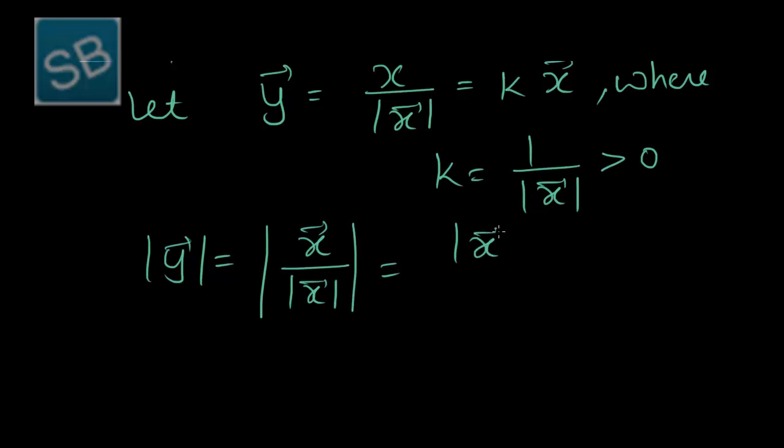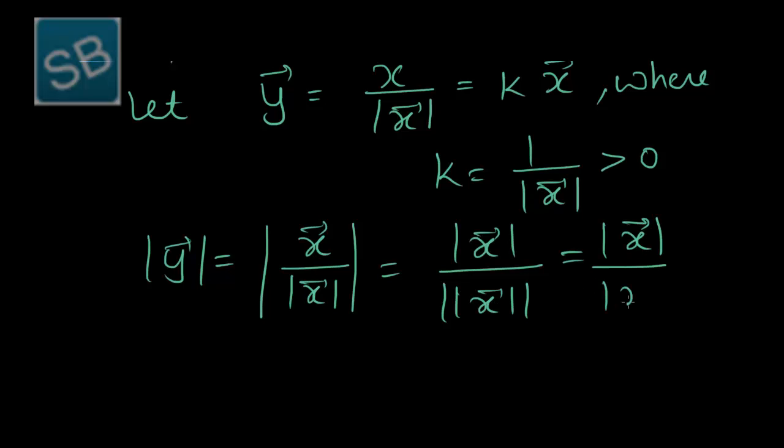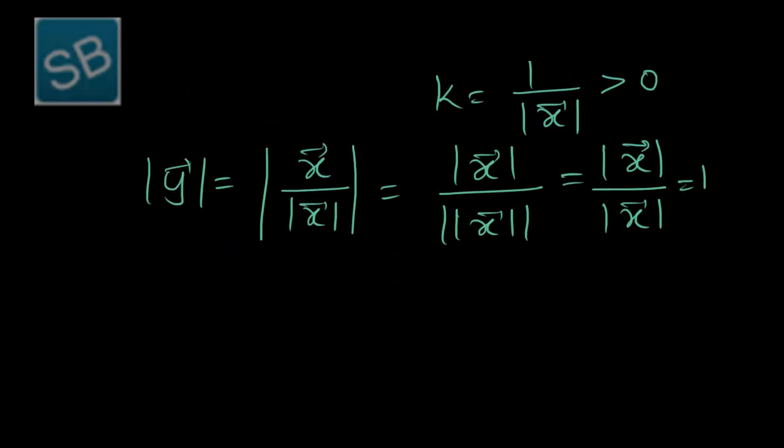It becomes magnitude x over magnitude of vector x, and the magnitude of vector x is again magnitude x. So it gives 1. As the magnitude of vector y is 1, therefore by the definition of unit vector, vector y is a unit vector.